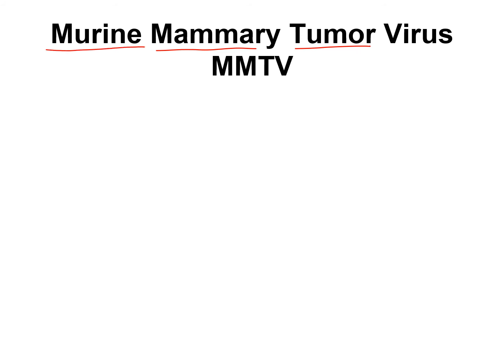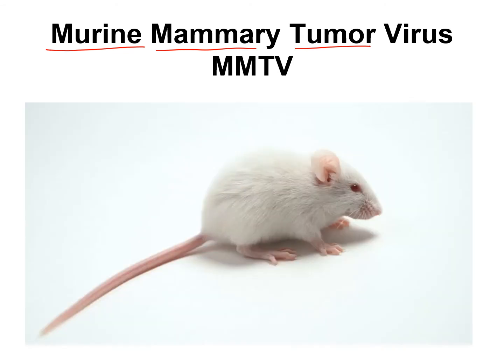Murine refers to mice, like canine is for dog and feline is for cats. So if we want to use the mouse as a model for breast cancer, we need to infect the mouse with this virus, the MMTV, and then the mouse develops breast cancer.